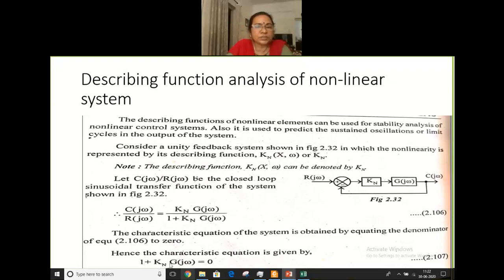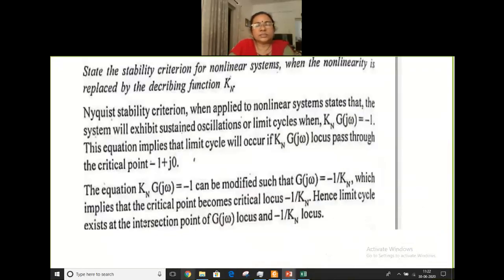From this equation, you can write Kn G(j omega) is equal to minus 1. From that, you will get G(j omega) is minus 1 by Kn. The limit cycle exists at the intersection point of the G(j omega) locus and the minus 1 by Kn locus. Okay, is it okay?